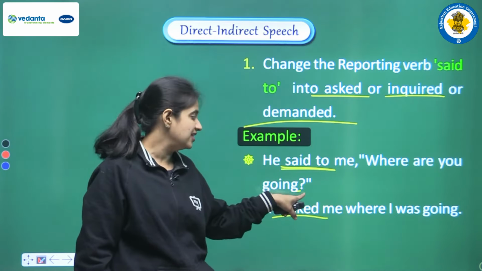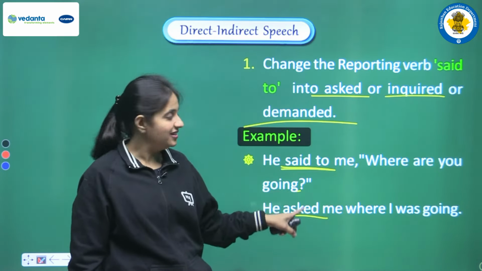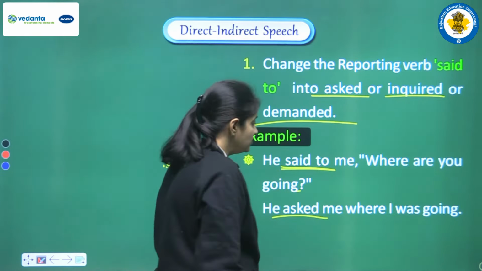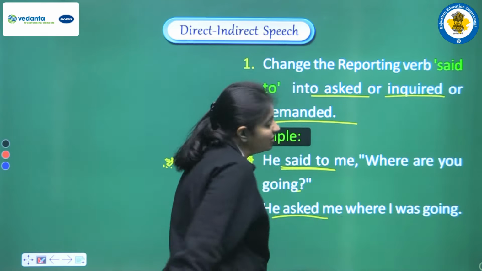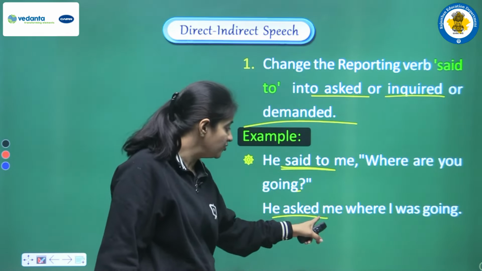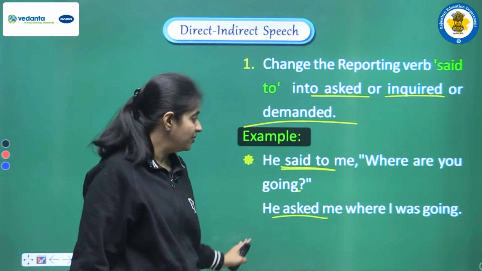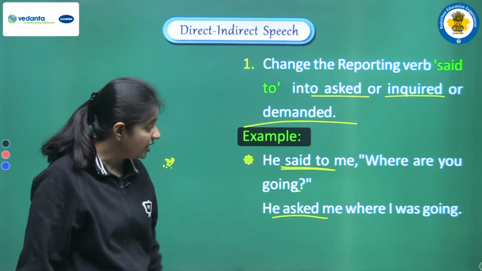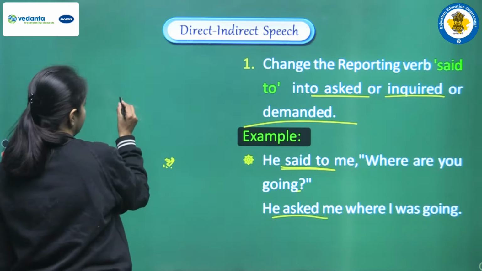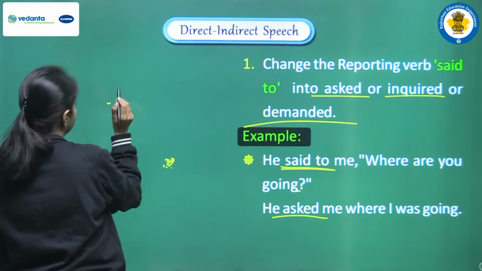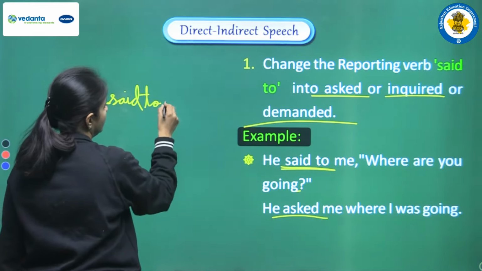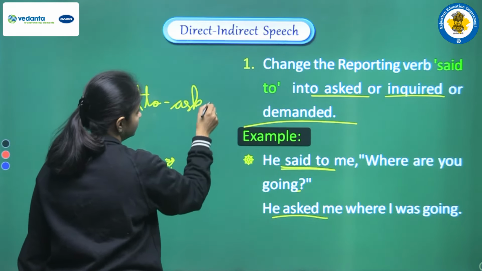Next, the other rules we will study further. Right now just understand that "said to" will be changed into "asked". The complete sentence is, he asked me where I was going. And students, again I am writing this: if we have "said to", it will be changed into "asked".